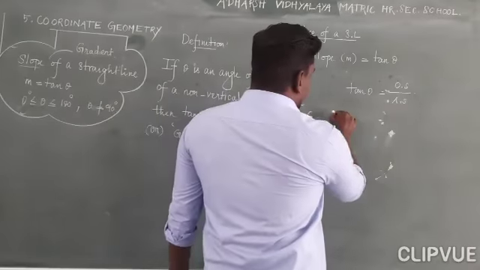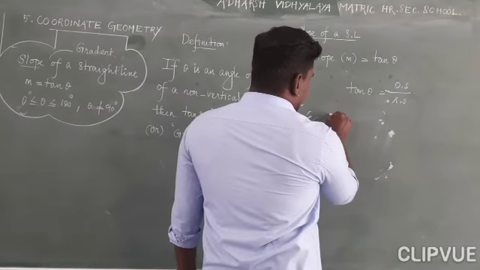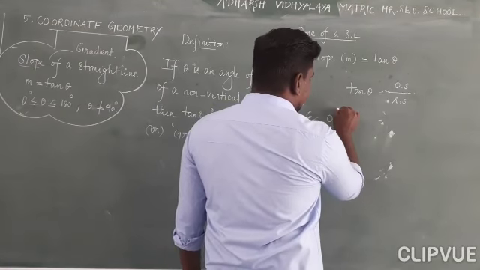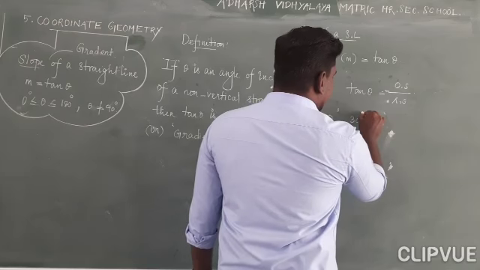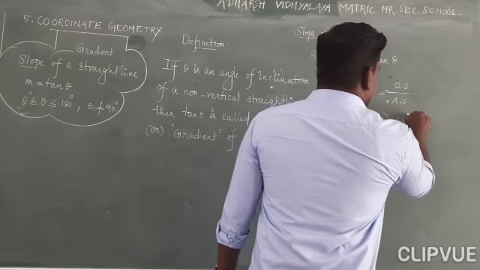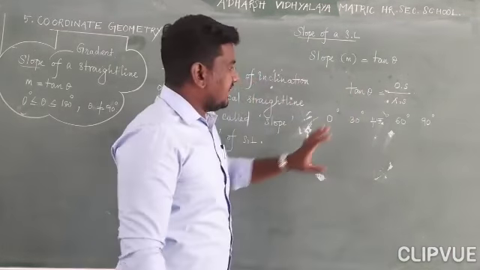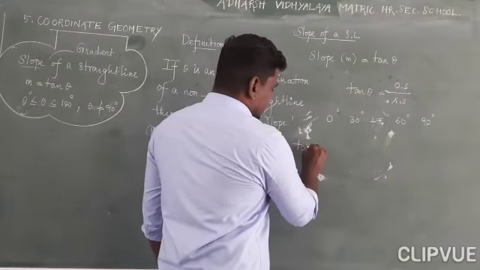Now I will give you the values of tan theta. If theta is equal to 0 degrees, 30 degrees, 45, 60 and 90.